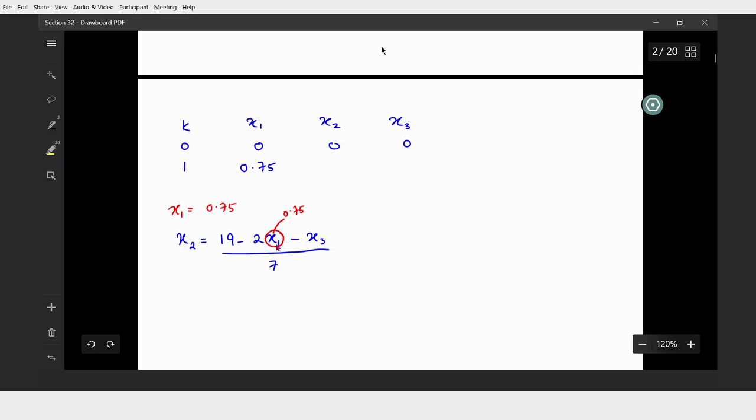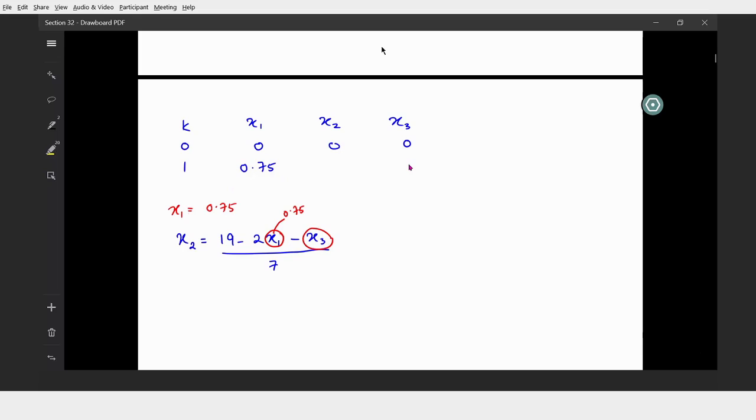You put immediately the value that you have in your table. So far you have up to X1, which is 0.75, so in the calculation of X2, you need to use that value immediately. But for the X3, you don't have X3 at the current stage yet, so you need to use the previous X3.